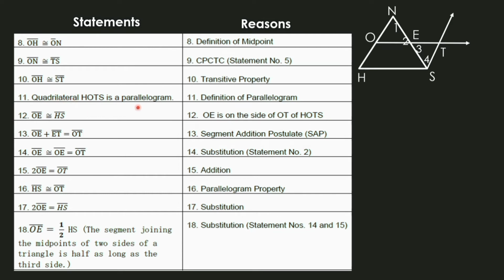Quadrilateral HOTS is a parallelogram. So this is HOTS na parallelogram. Reason, definition of parallelogram since parallel yung HO sa TS. Next, OE is congruent to HS. Reason, OE is on the side of parallelogram HOTS.